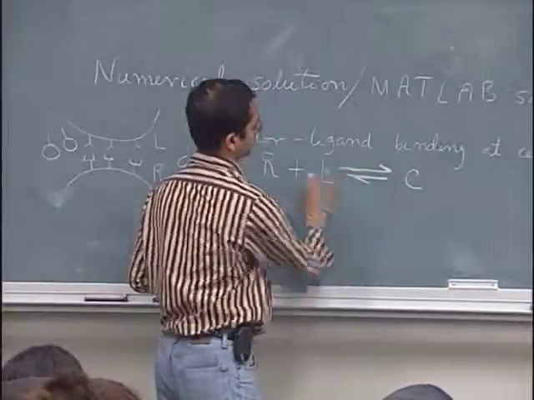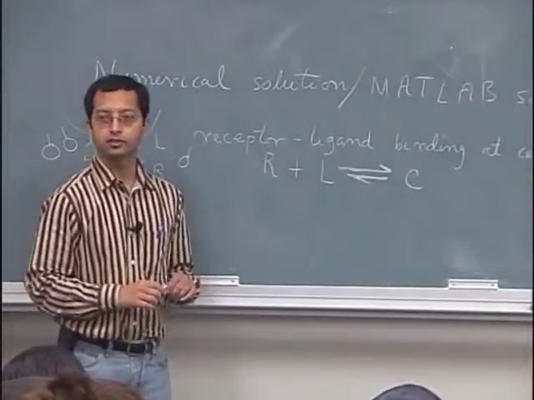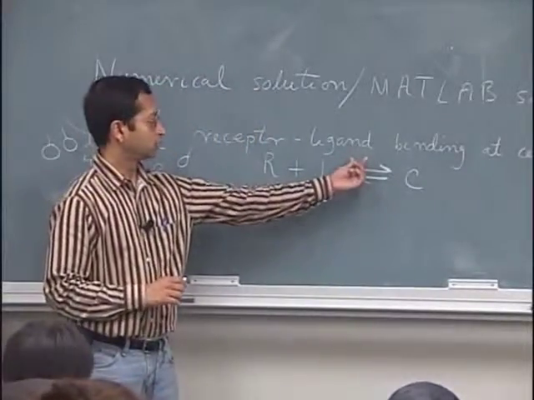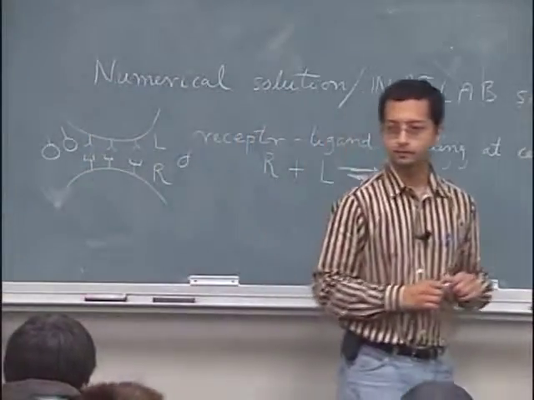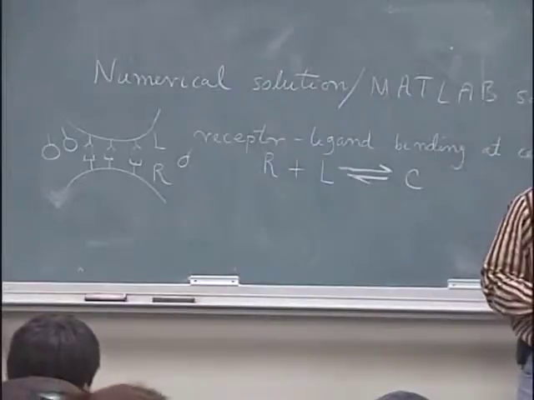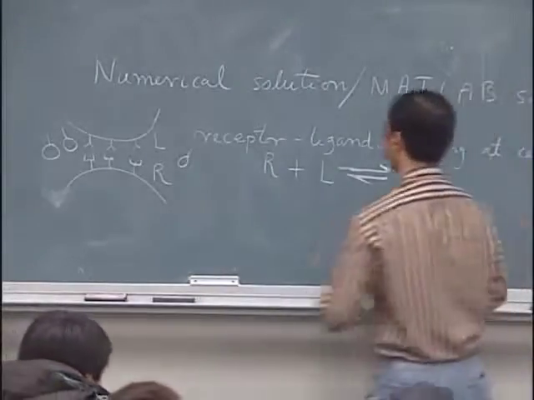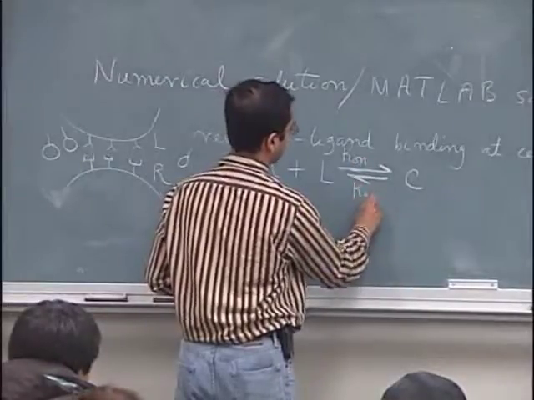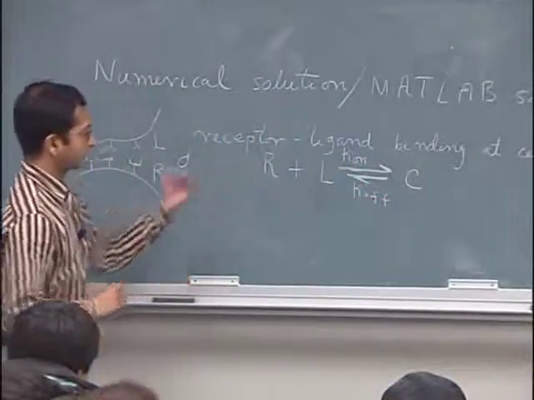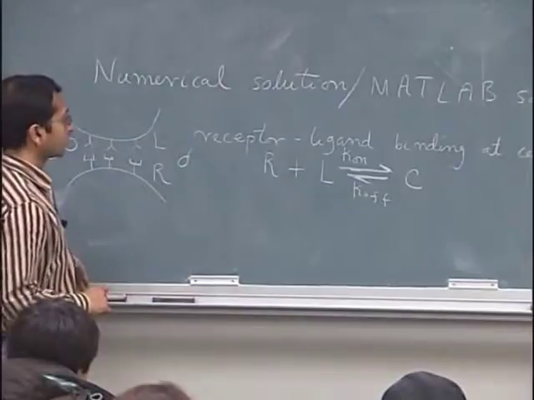Do you know those rate constants from chemistry or biology courses? Are you familiar with the affinity constant? K on and K off? So this reaction can happen with a forward rate constant k on and a backward rate constant k off.